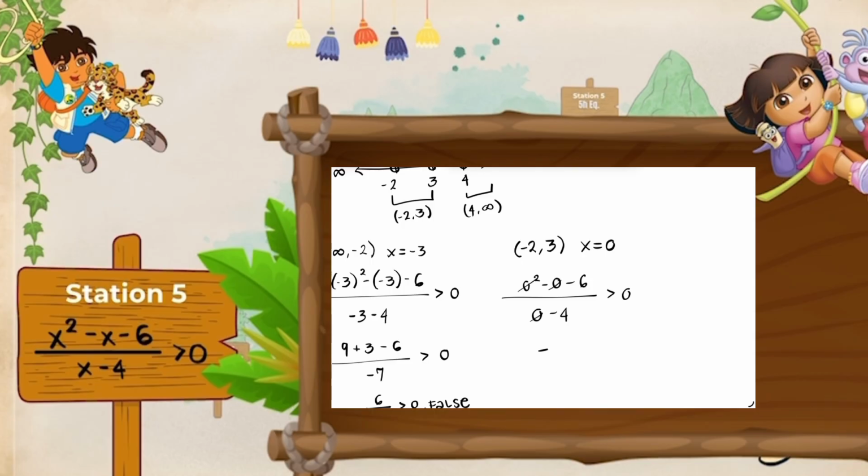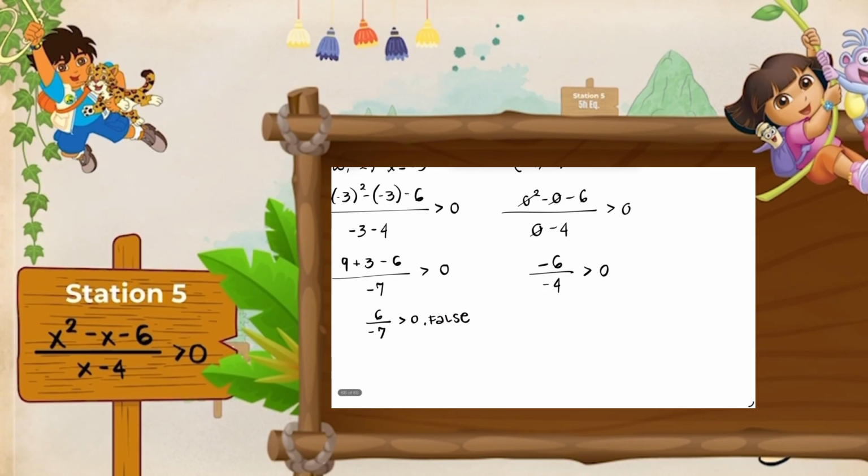We're left with negative 6 over negative 4. Since they're both negative, it will become positive, and it can also be simplified. They're both divisible by 2, so 6 divided by 2 is 3, and 4 divided by 2 is 2, greater than 0. It's a positive number, so it's greater than 0. True.